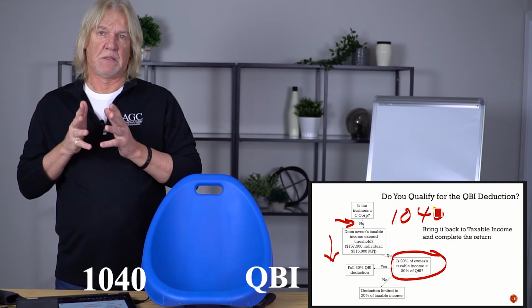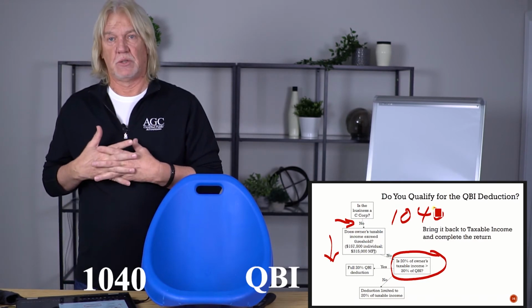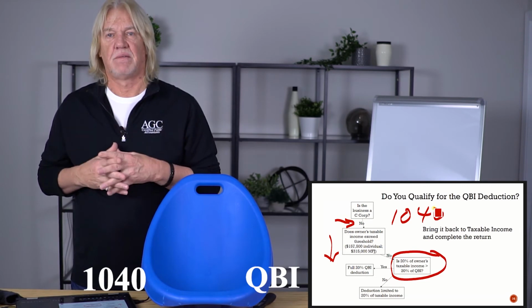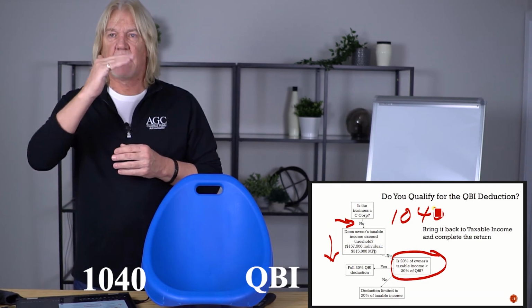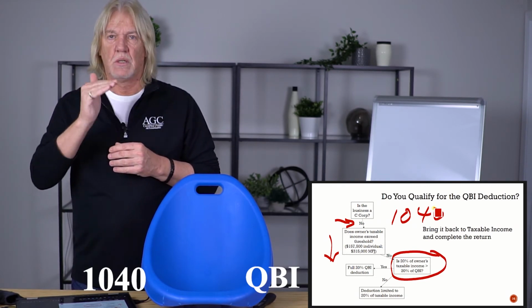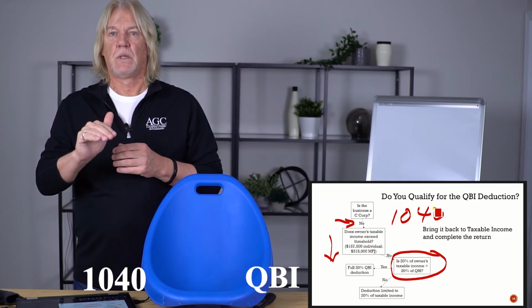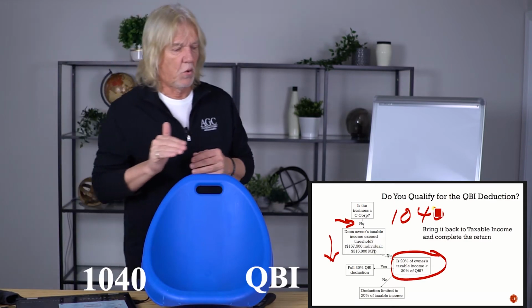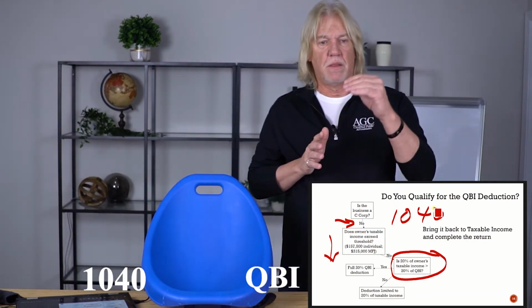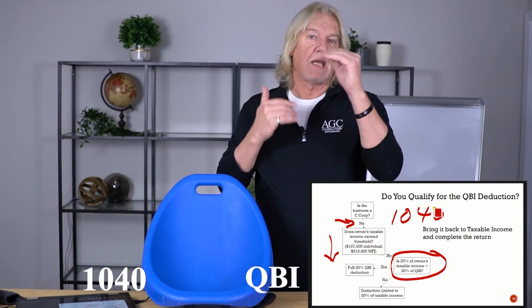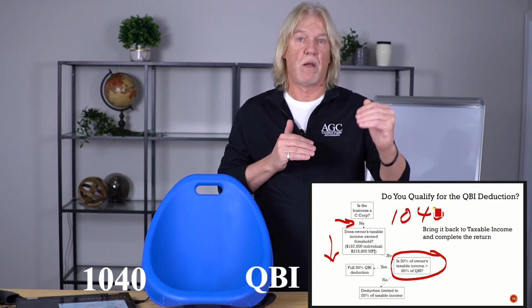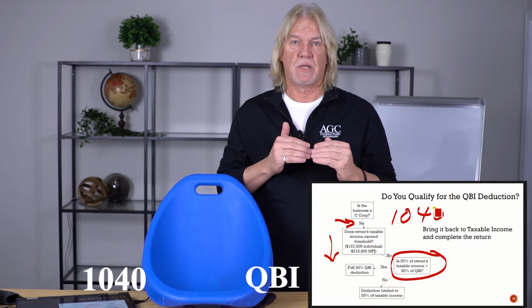That's one of the big takeaways in doing these presentations. I can't say it enough. We calculate our tax return until we get to taxable income. Then we stop. And then we go over here and go, well, there's that Schedule C. There's that K1. We're going to pick those numbers up.